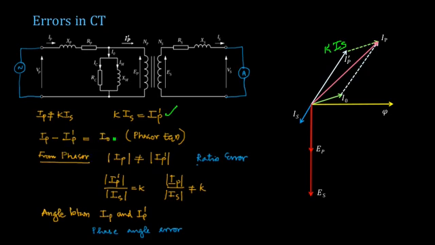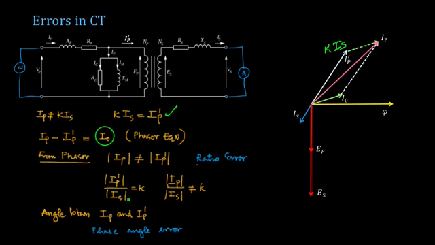So that difference is due to the magnetizing or no load current I0 that is flowing. So from the phasor diagram you can say that even the magnitudes of IP and IP dash are not equal. IP is slightly higher than IP dash because of the no load component.